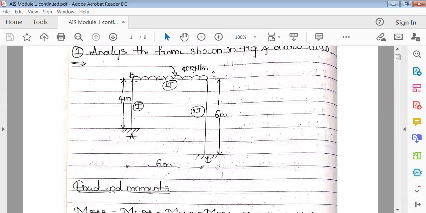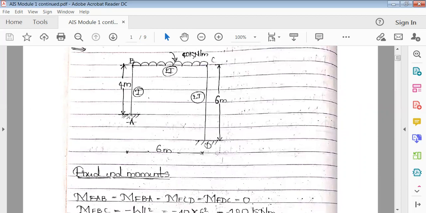There are loads acting only in the BC span. Because there are no loads acting in AB and CD, the fixed end moments in both these portions will be 0. So MFAB is equal to MFBA, then MFCD is equal to MFDC, is equal to 0.